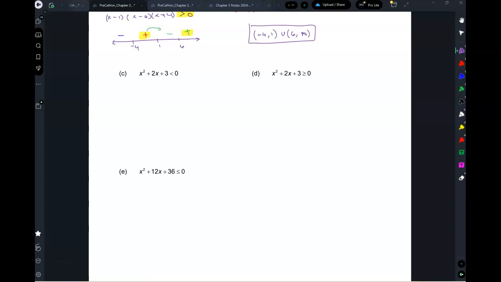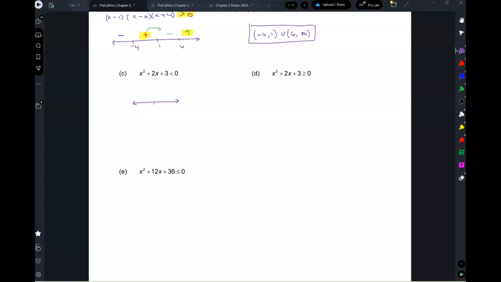Look at this one. Does this factor? No. Well, this one you can also do quadratic formula. Honestly, quadratic formula is way better here. So now this one doesn't factor. Let's take a look.